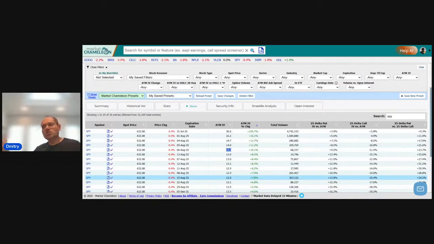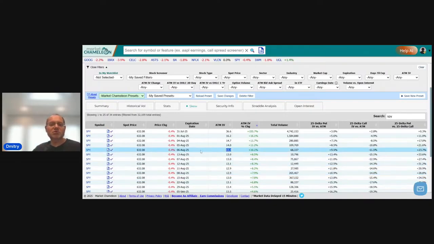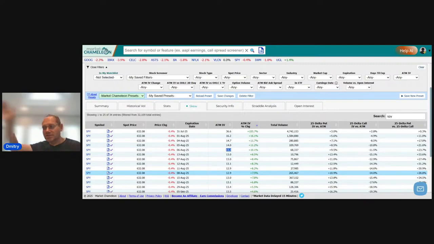As you go up in strikes, the implied volatility could increase, it could decrease, it could stay the same. If it was the same on every strike, we would say that the implied volatility is flat. There's no skew. So if, for example, for August 6th, the implied volatility on every option is the same at every strike price, we'd have a flat skew.